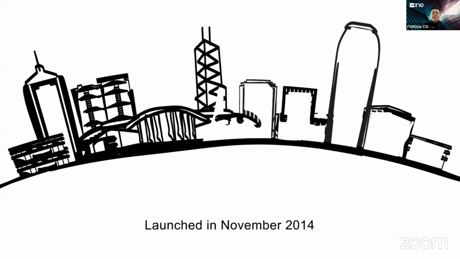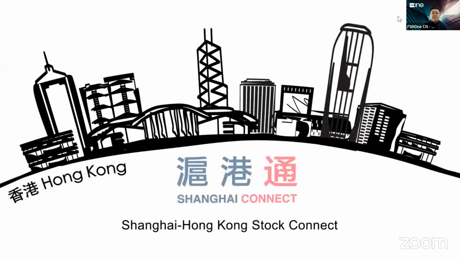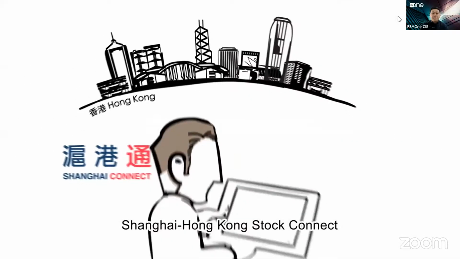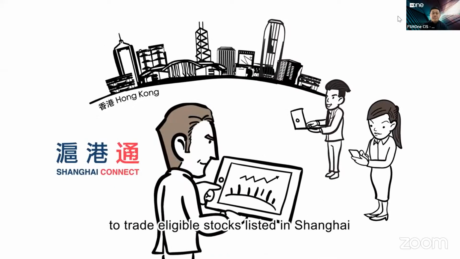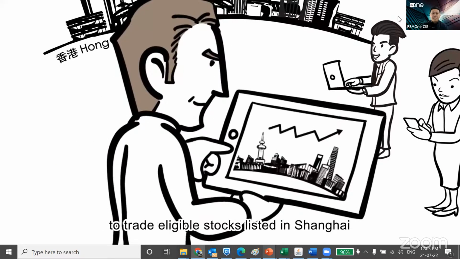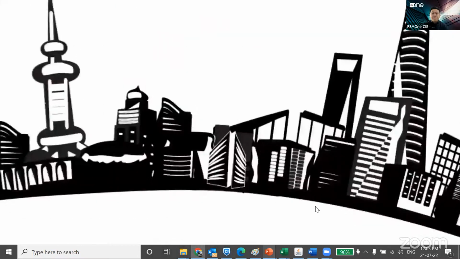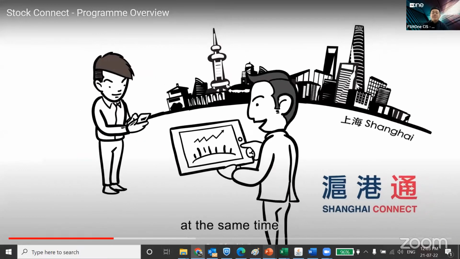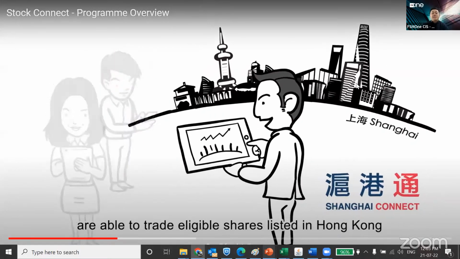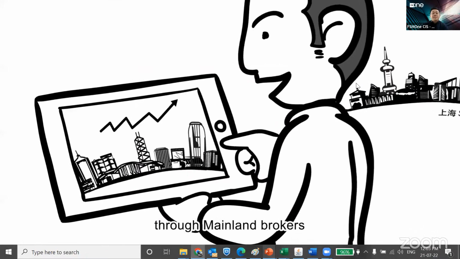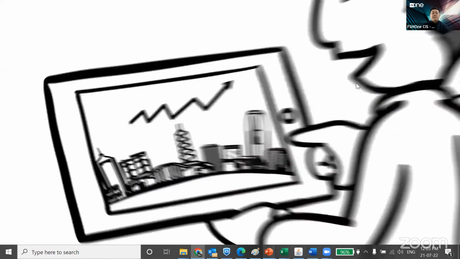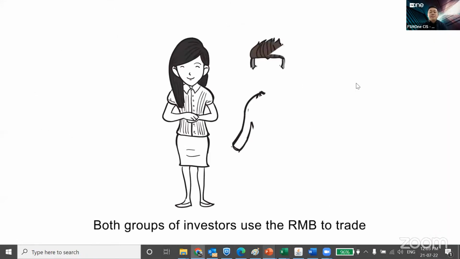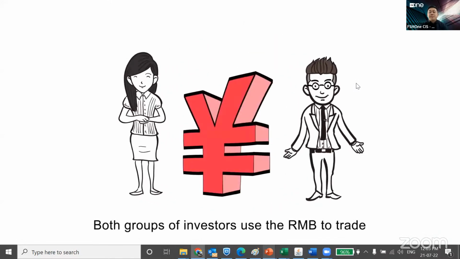Launched in November 2014, Shanghai-Hong Kong Stock Connect enables Hong Kong and overseas investors to trade eligible stocks listed in Shanghai through Hong Kong brokers. Eligible mainland investors, at the same time, are able to trade eligible shares listed in Hong Kong through mainland brokers. Both groups of investors use the renminbi to trade.